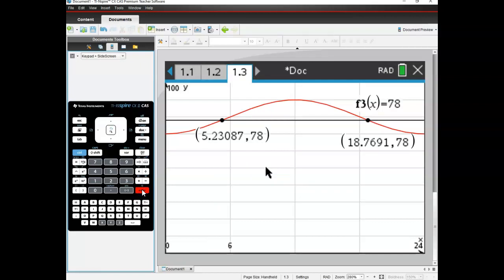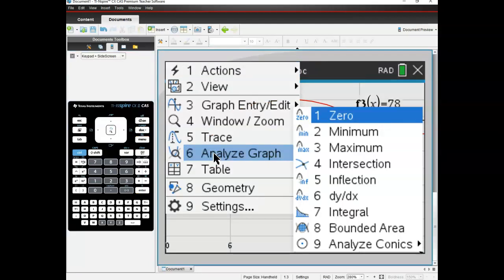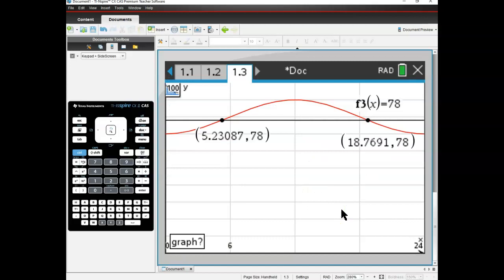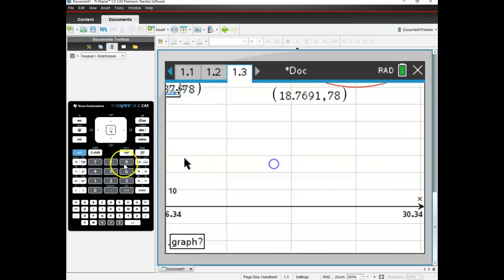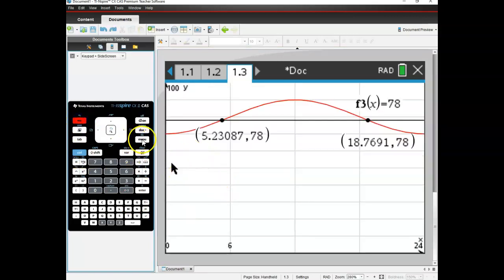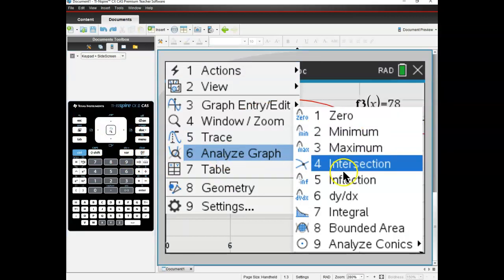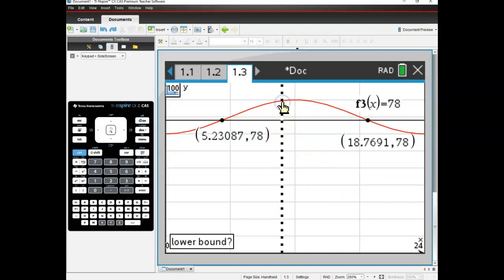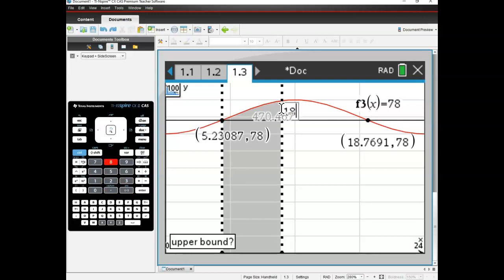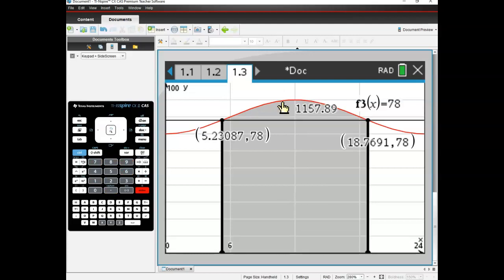If I tell my calculator to accumulate the area from point 5.231, I do menu, graph, analyze graph, integral. I need to pick the red graph, and if I say my lower bound is 5.231, all the way up to 18.769, it's going to give me the entire area underneath that curve.